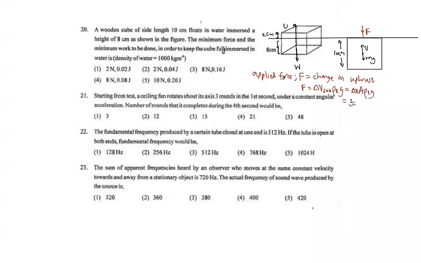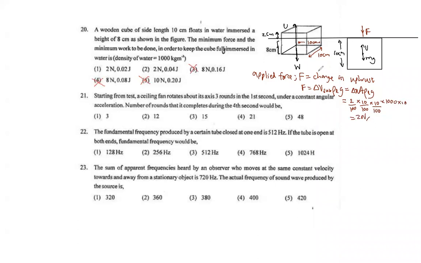Change in length is 2 centimeters, and the cross-sectional area is 10 over 100 times 10 over 100, because it is a cube, so at the bottom all the sides will be 10 centimeters. Density of water is 1000, times g. Therefore, all the zeros on top, 6 zeros at the bottom, it will be 2 Newton. Answer is 2 Newton. So these other answers are wrong.